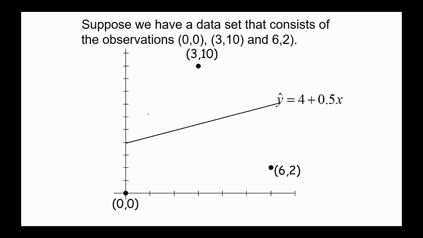So let's draw this line on that first scatter plot that y'all have at the bottom of page 7. Y hat equals 4 plus 0.5x.